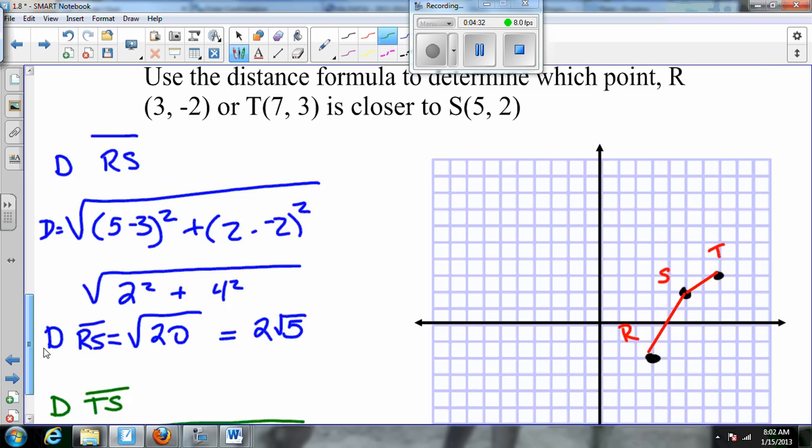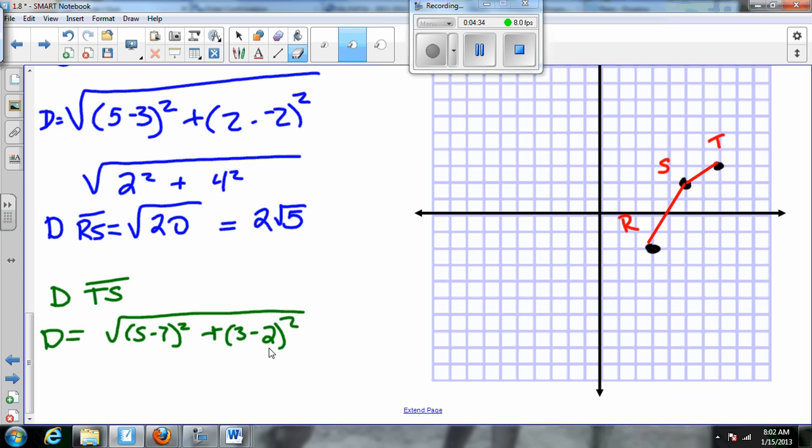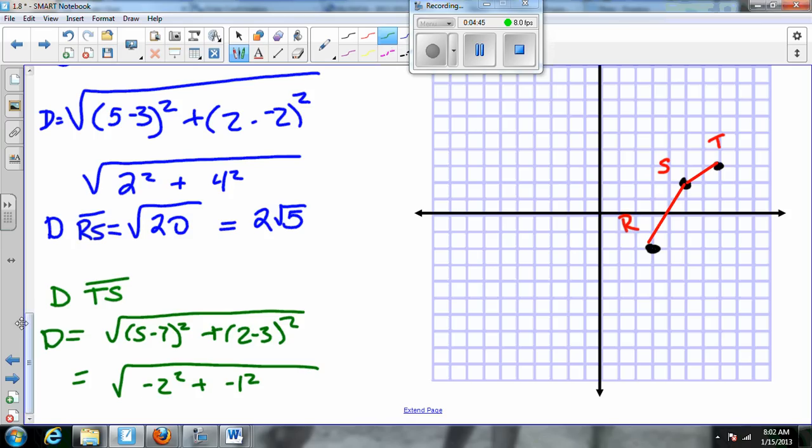Actually, that needs to be 2 minus 3. Goes to -2 squared plus -1 squared. -2 squared is 4. -1 squared is 1. Add it together, we get the square root of 5.